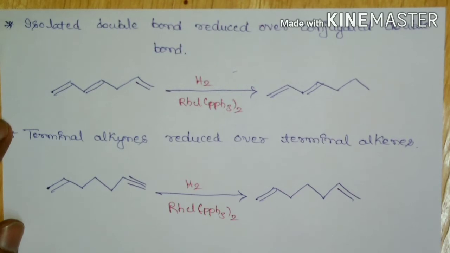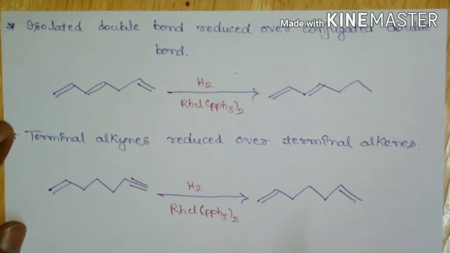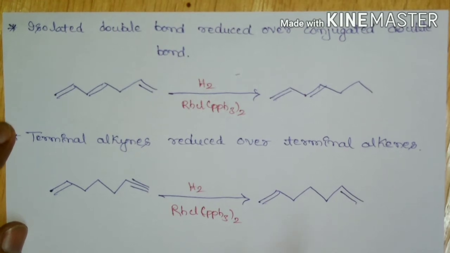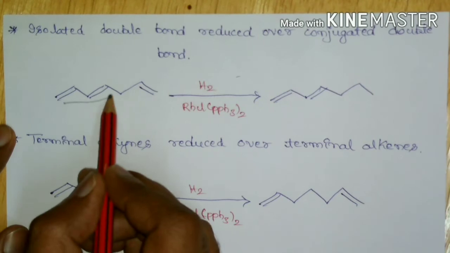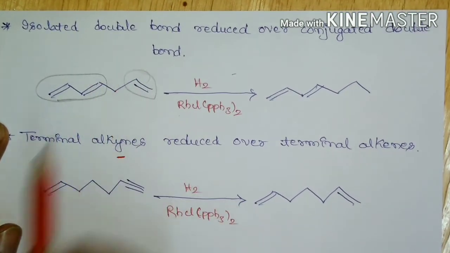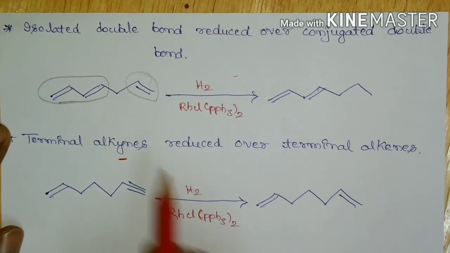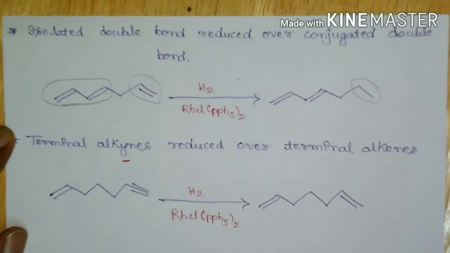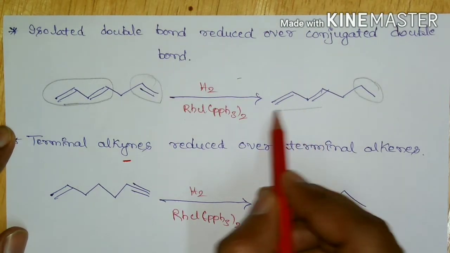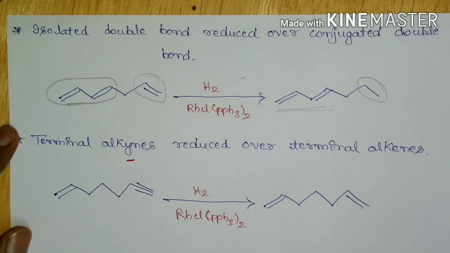Next, if we have an isolated double bond and a conjugated double bond, Wilkinson catalyst will selectively reduce the isolated double bond over the conjugated double bond. So this is the conjugated double bond and this is the isolated carbon-carbon double bond. Wilkinson catalyst will reduce only the isolated double bond and will not reduce the conjugated double bond.